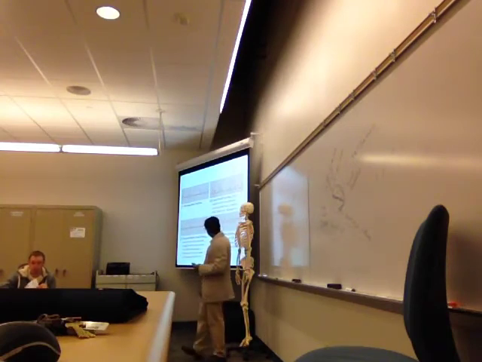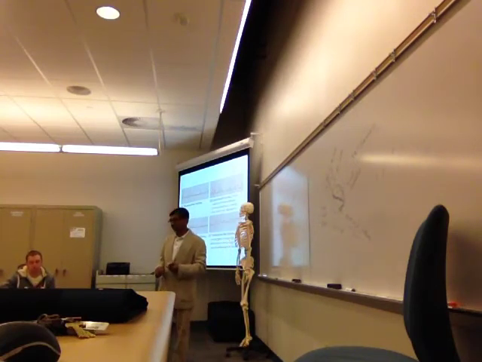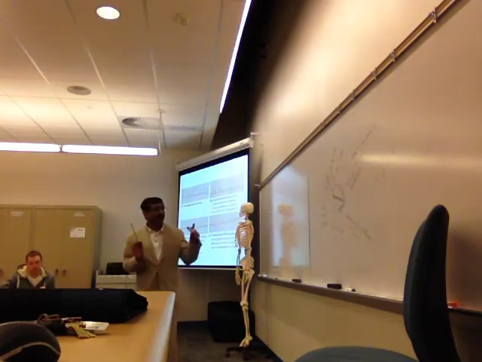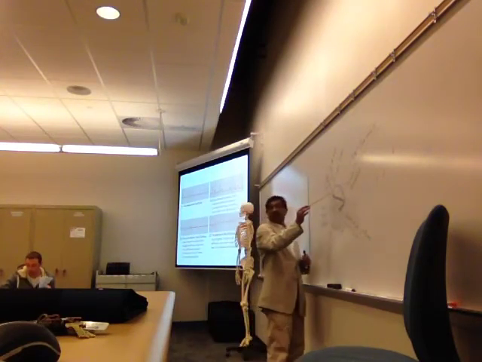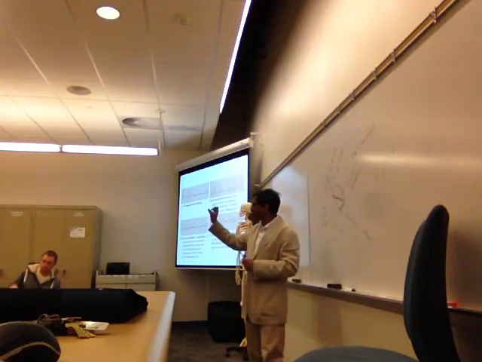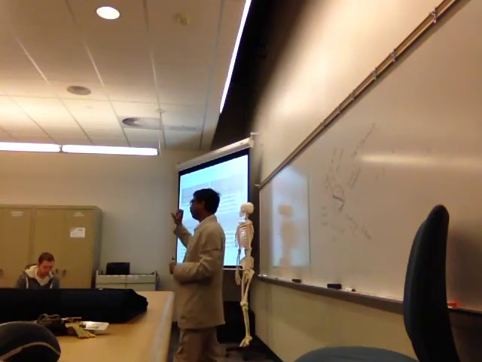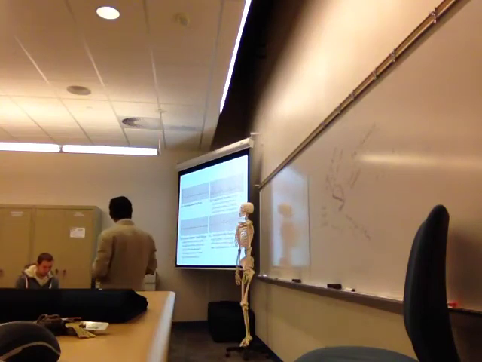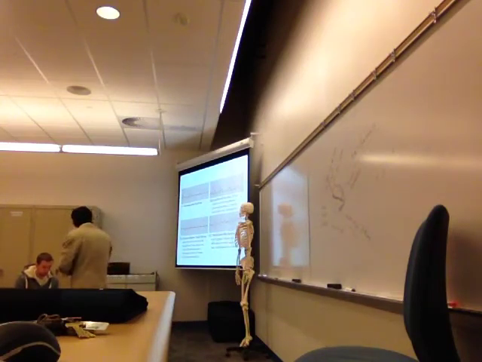Another condition is called ventricular fibrillation. Think about which one is more dangerous, first degree or second degree? Second degree is dangerous because ventricular contraction is very important. Remember that forceful ventricular contraction is very important. Now, ventricular fibrillation.